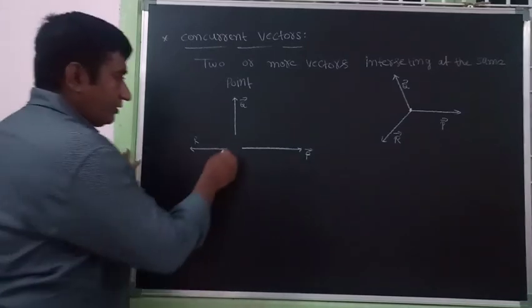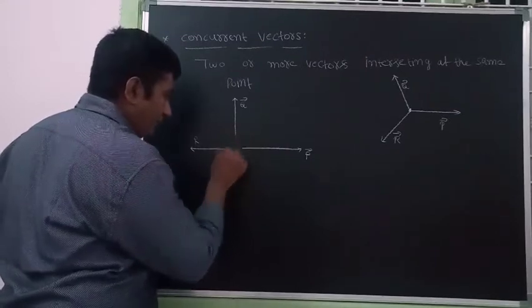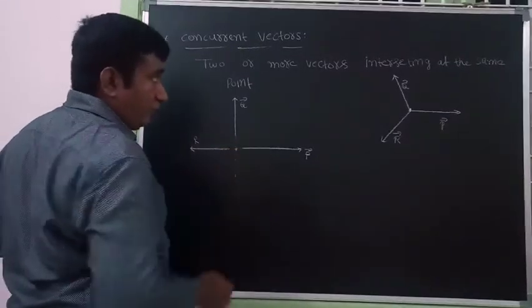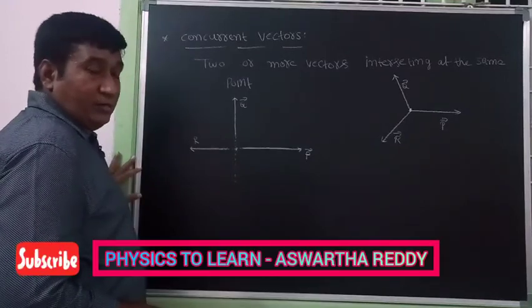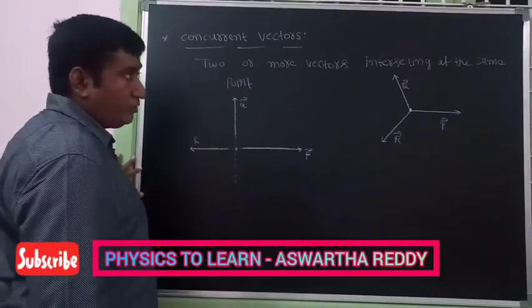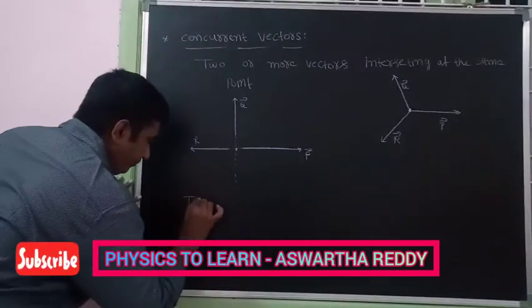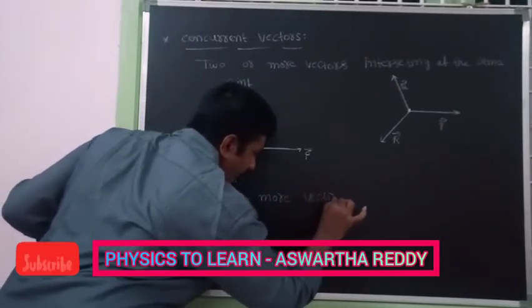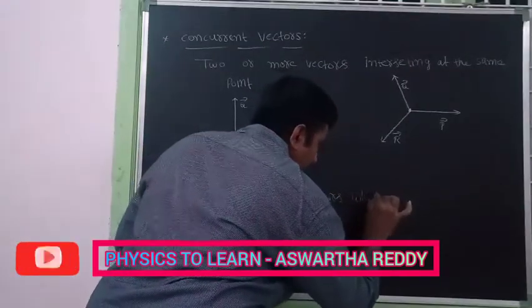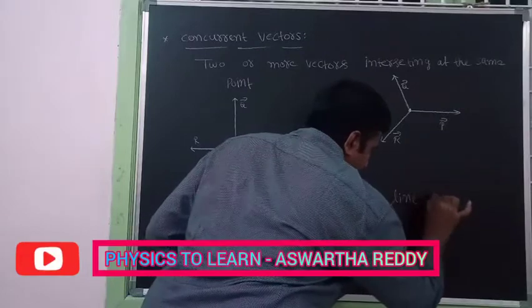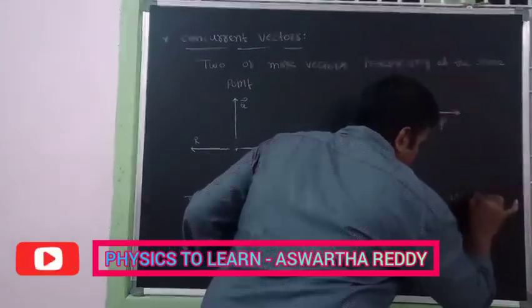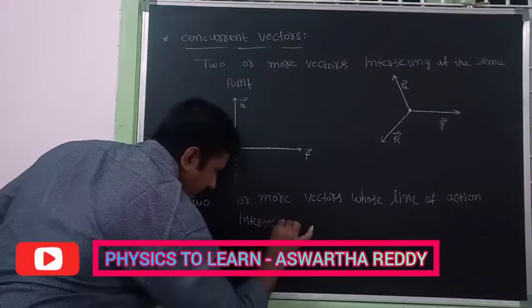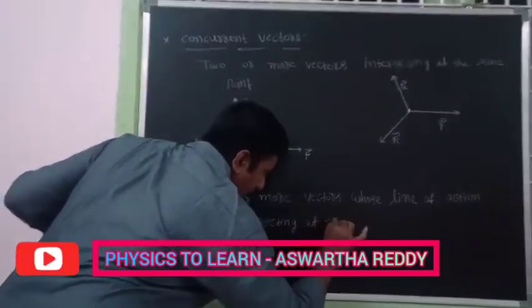If you extend these lines and join them, you observe that two or more vectors whose lines of action intersect at the same point.